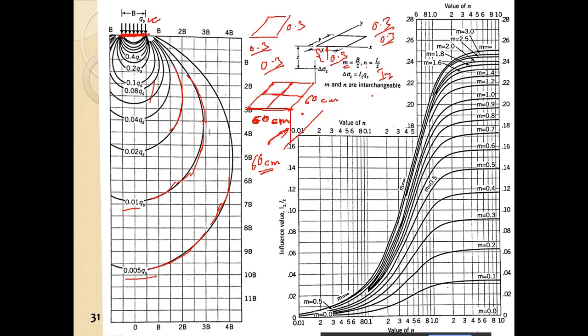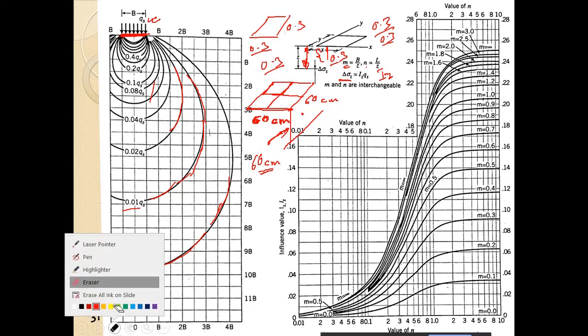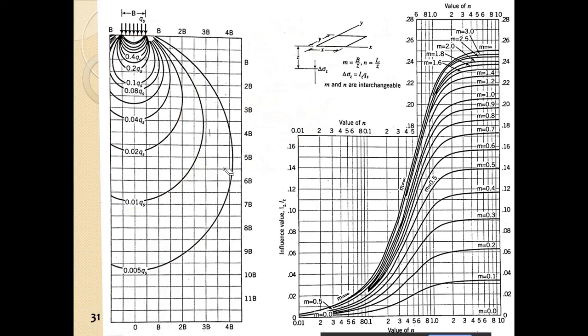Based on that, Taylor has given the influence values corresponding to depth. At a depth Z, what is the increase in the vertical stress delta Z? What they have done is, the plate load test was done for a plate of 60 centimeter by 60 centimeter, into 4.